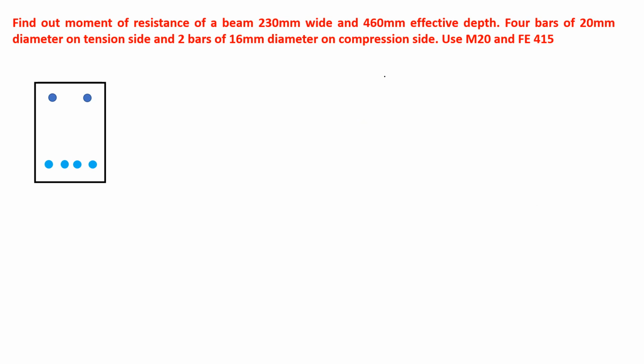So we have to go step by step, and first find the trial for the stress in the compression bar. So this will be 230 millimeters and this will be 460 millimeters.